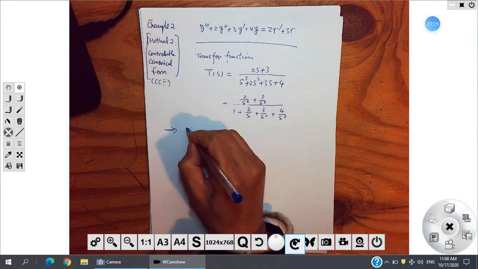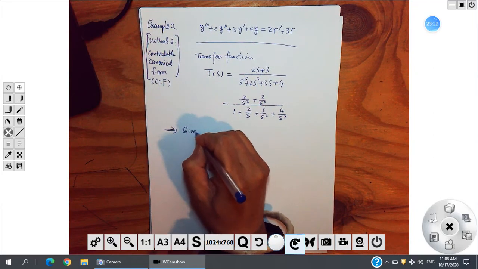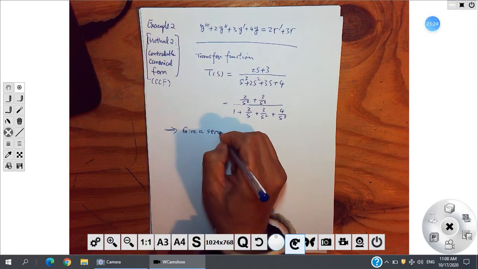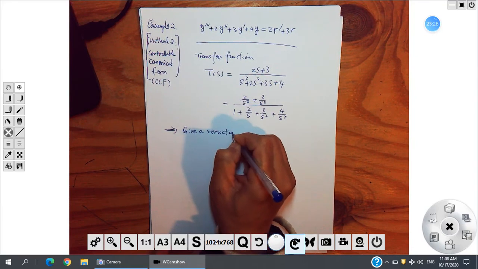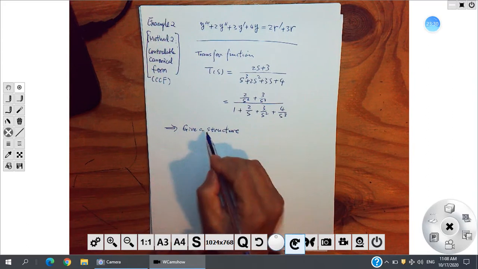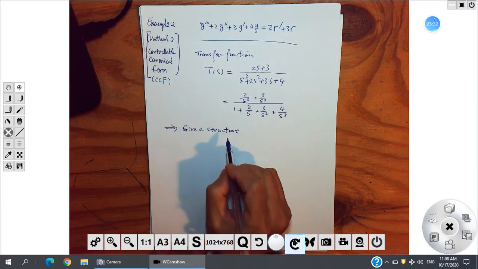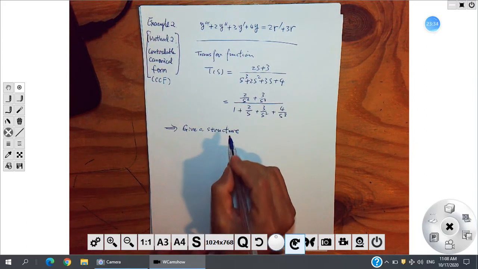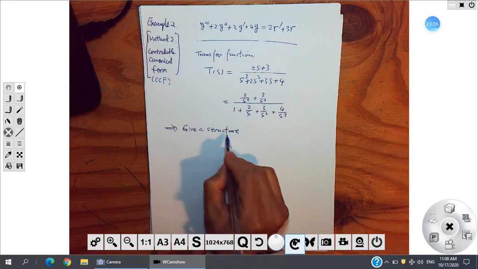Then we give a structure. The next step, after we have the structure, we will have the state variable equations based on this structure.